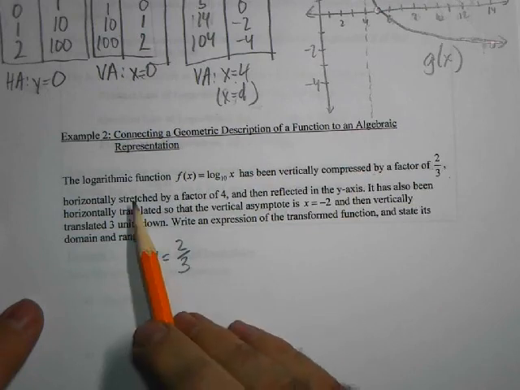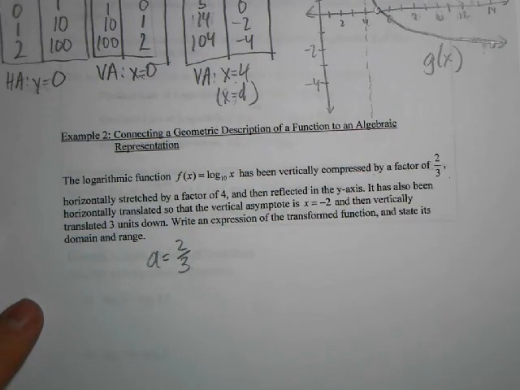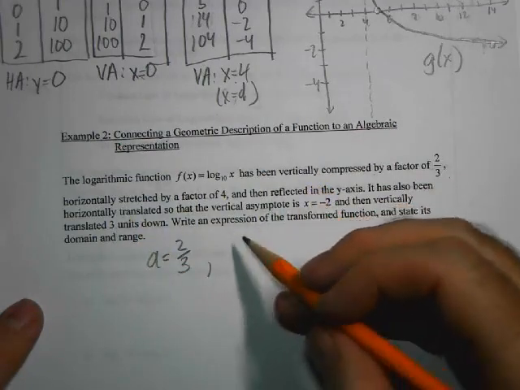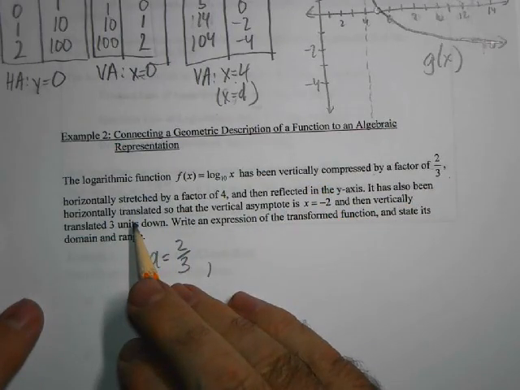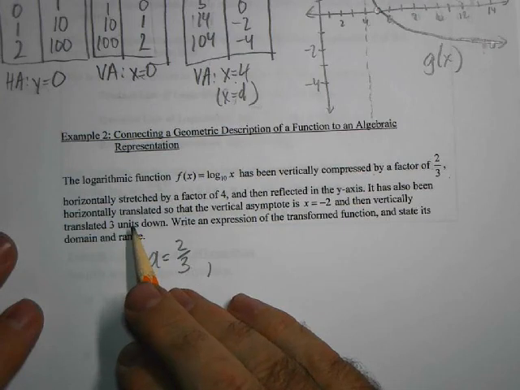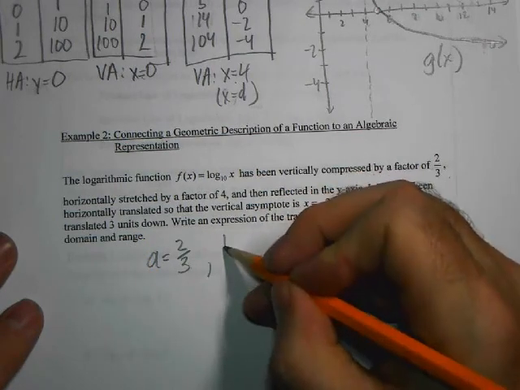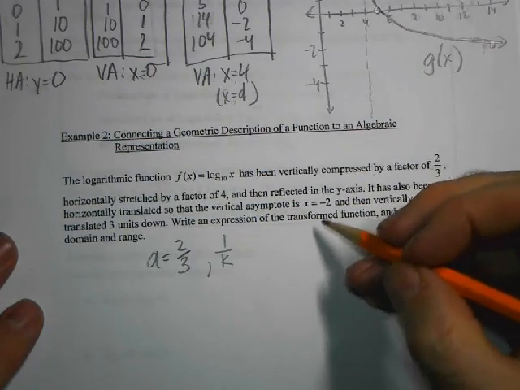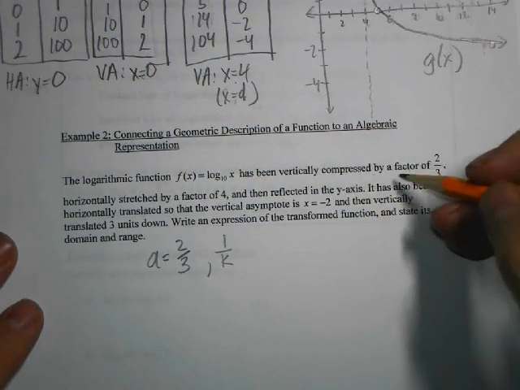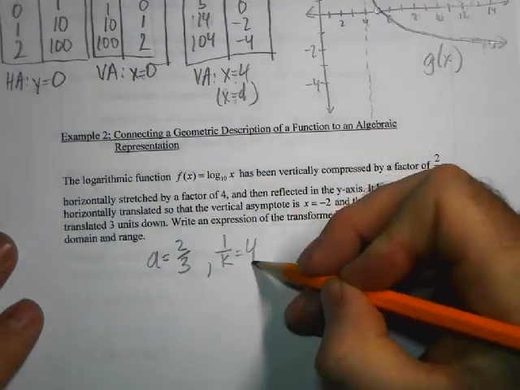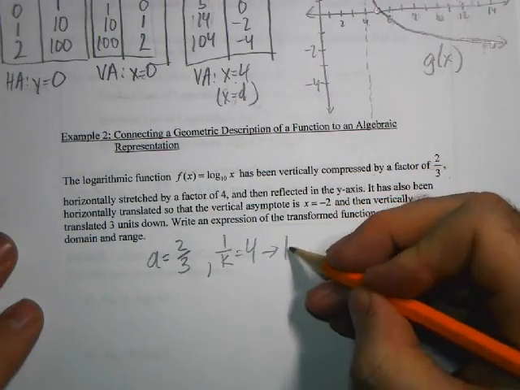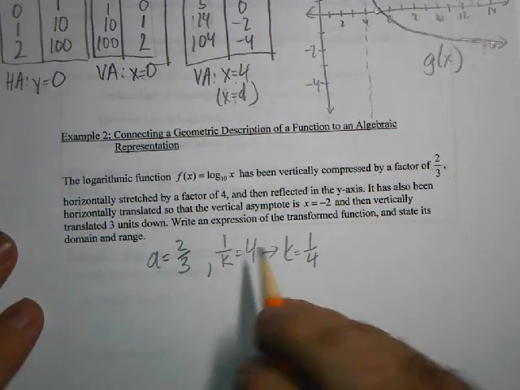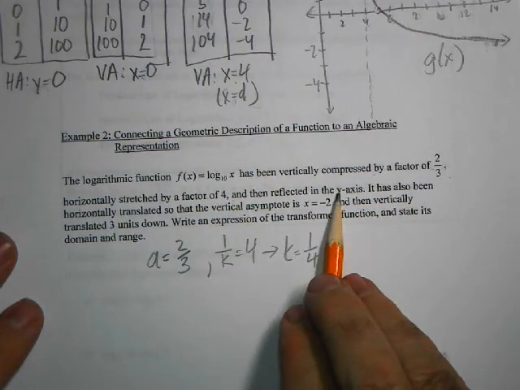Okay, horizontally stretched by a factor of 4. So remember, horizontally the factor is 1 over k. So I'm going to write the factor 1 over k is equal to 4. So that tells me that k is equal to 1/4. Okay, and then reflected in the y-axis.